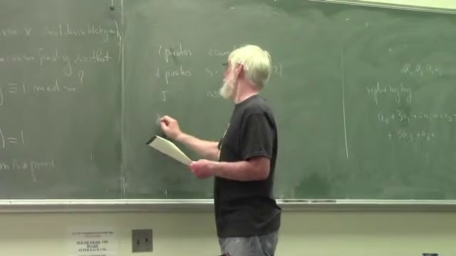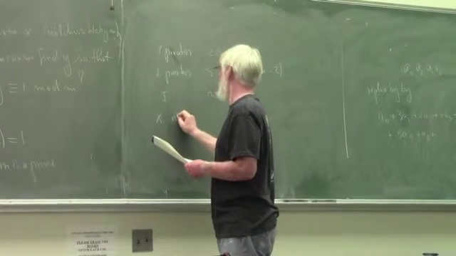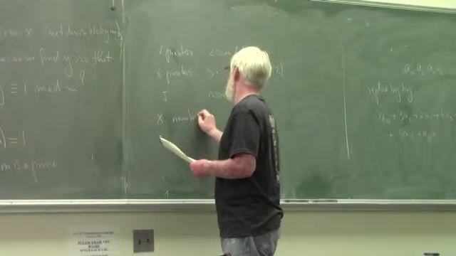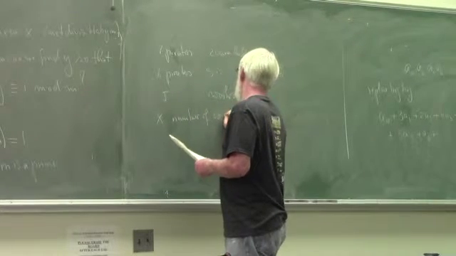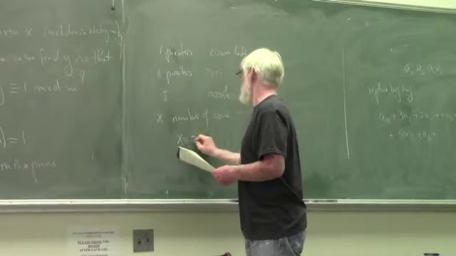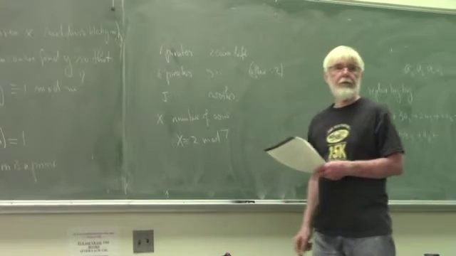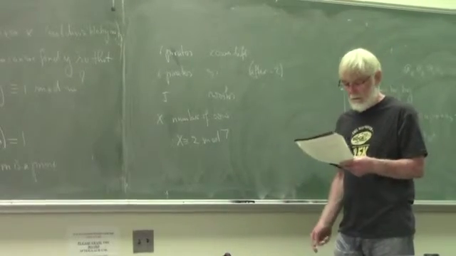So if X is the number of coins, then X is congruent to 2 mod 7, because you were left with 2 coins.